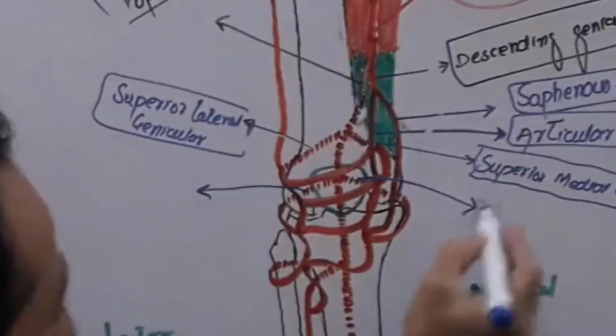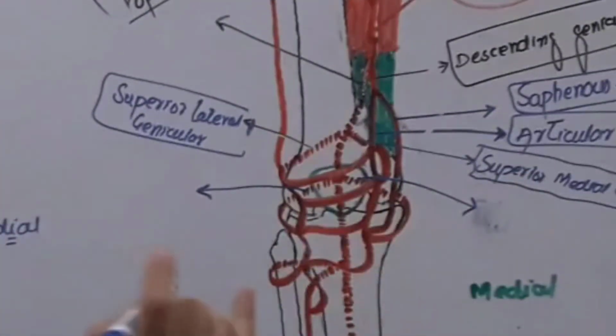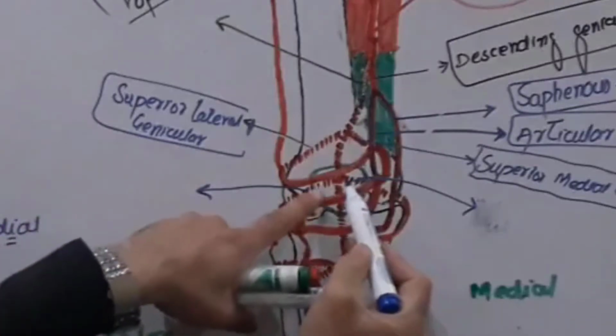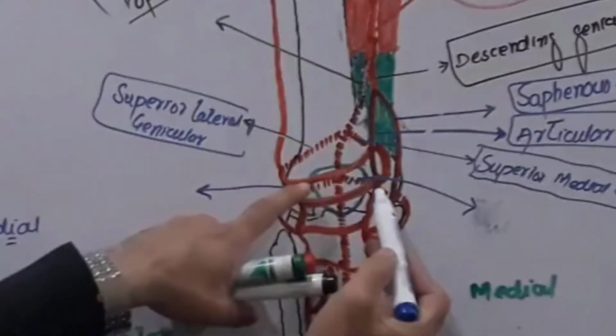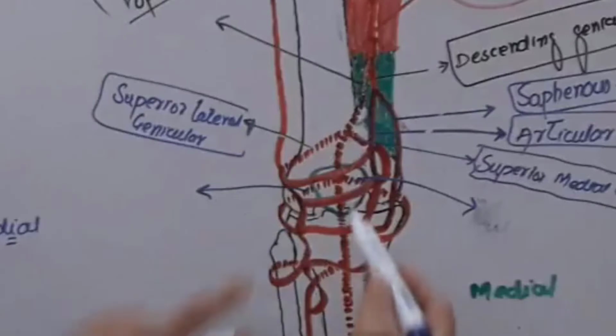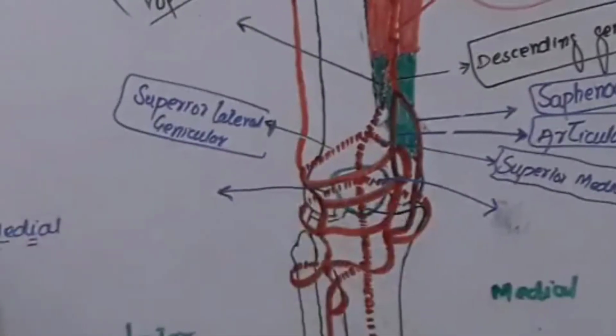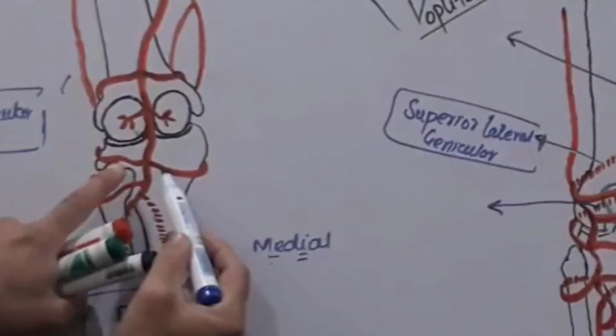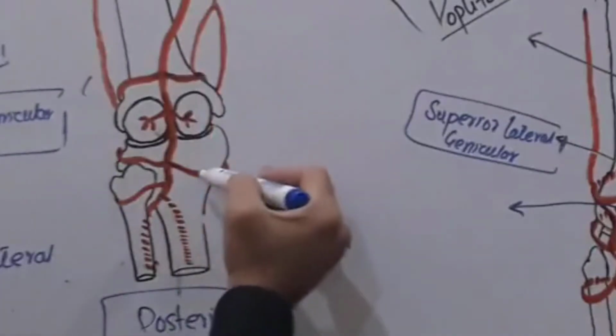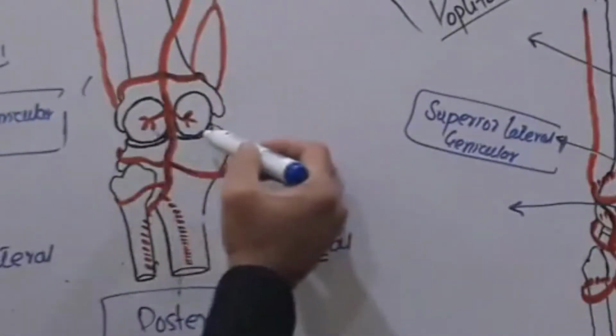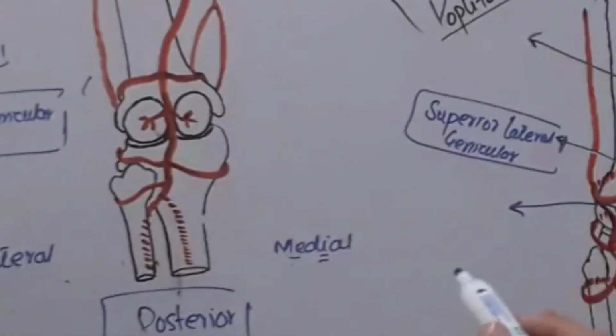Clear? Look, they are arising from the popliteal artery. That's why I have mentioned in dotted manner. So these two arteries are shown here, right? So these are present inferior to these arteries, inferior to the knee joint. That's why we call them inferior, right?